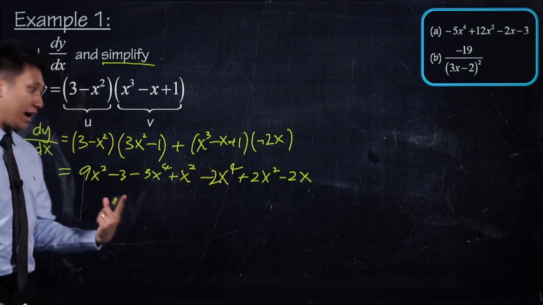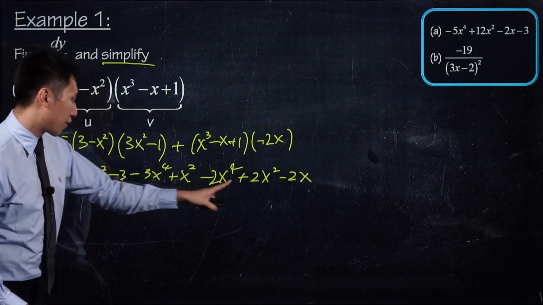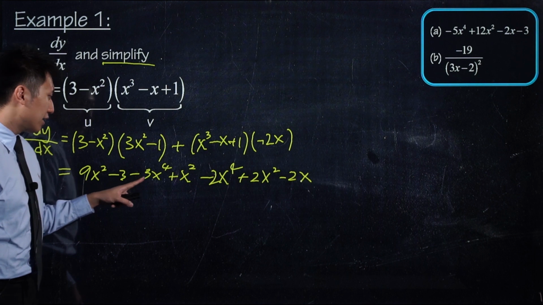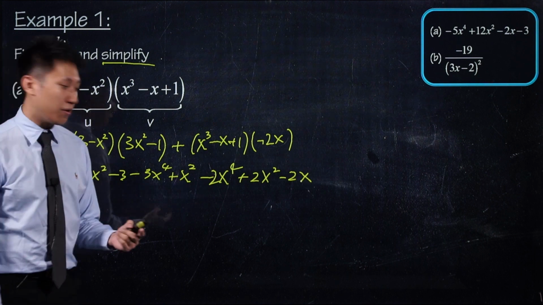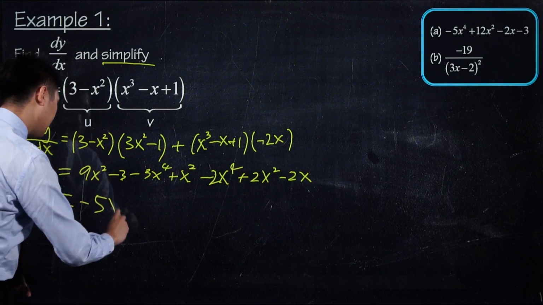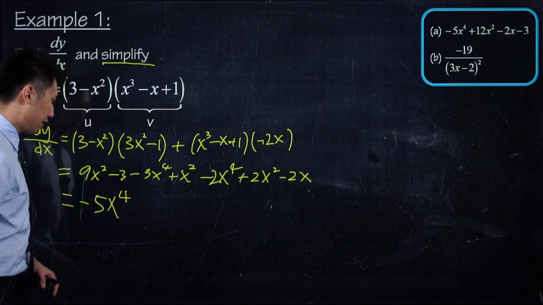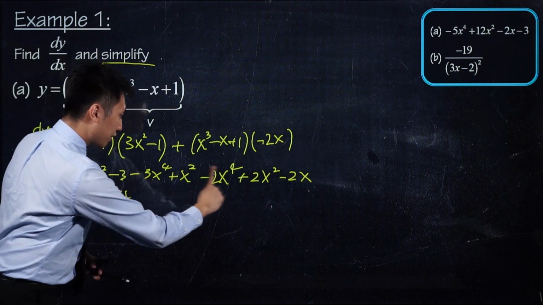I look at the highest power here, which is 4. So x to the power 4: minus 3, minus 2, so I should get minus 5x to the power 4. Then I'm done, and if you have a pencil, you can cross this out.